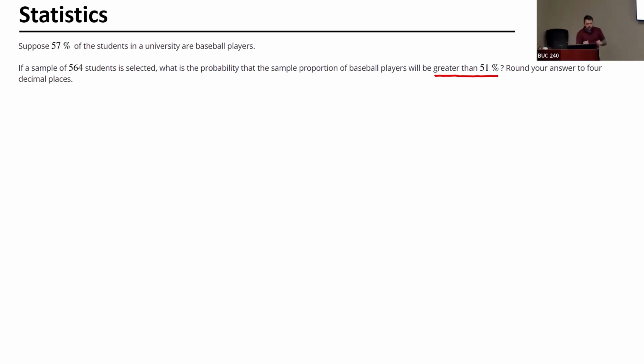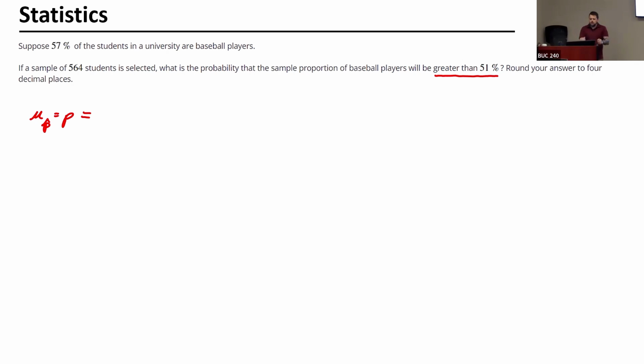Now remember, you have a thing that says the mean of p hat is equal to p. Well, what is that p? Remember, p is proportion. Proportions are percents. So what is that p I'm looking for? Very good, 57%.